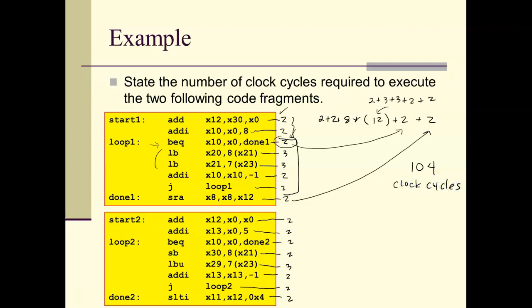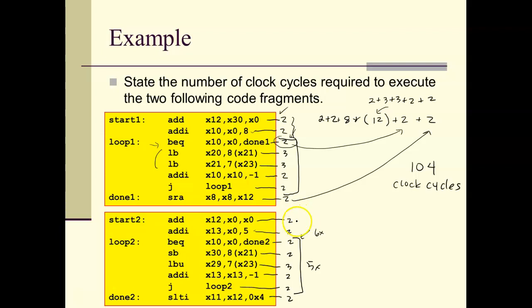Okay, so it's going to be the same thing in this problem. It's obviously a different iteration count, but it's still the same type of problem, where this is the loop here. All these are going to be done 5 times, but we're going to come back to this instruction and do it an extra time. So I'll put 6 times for that instruction.